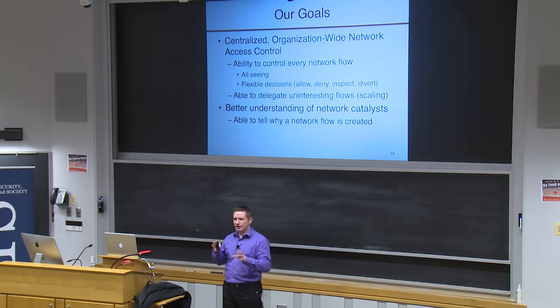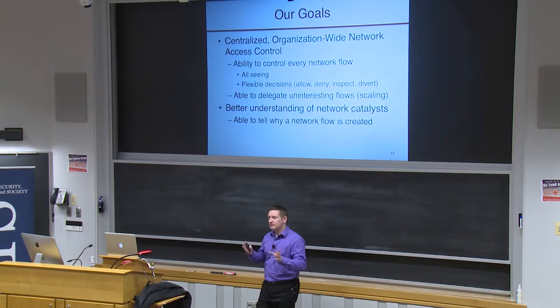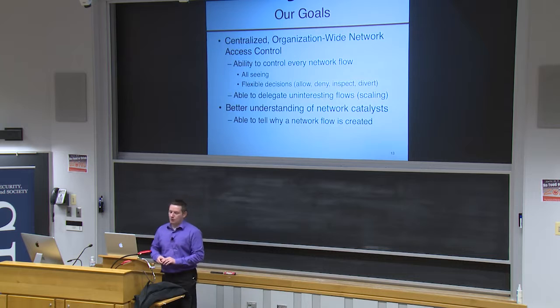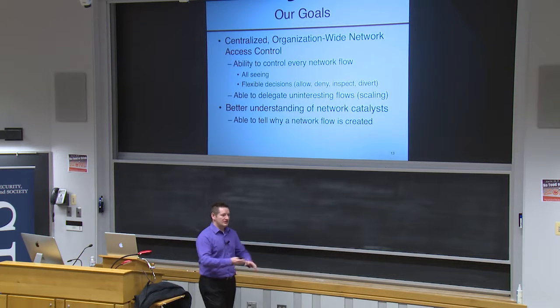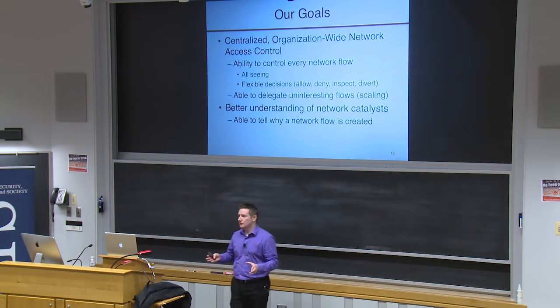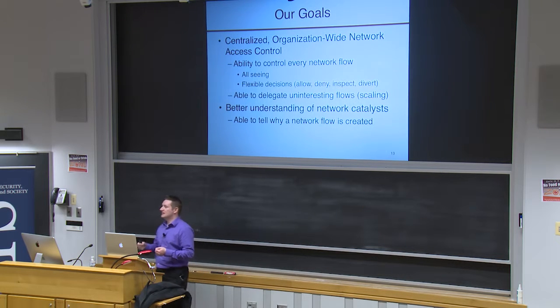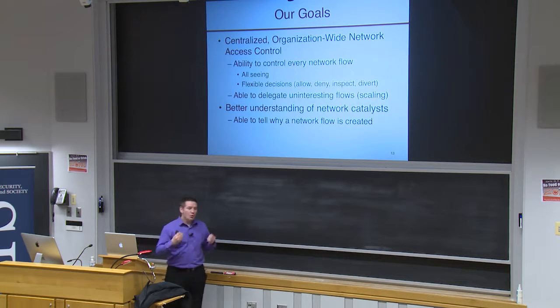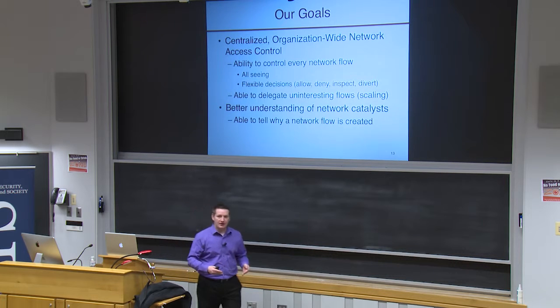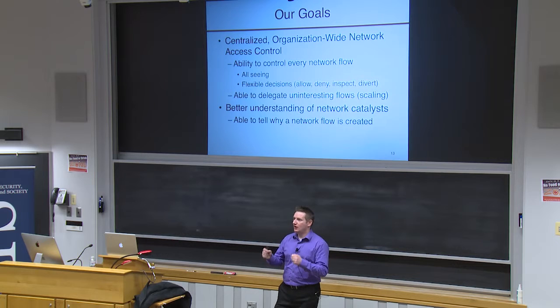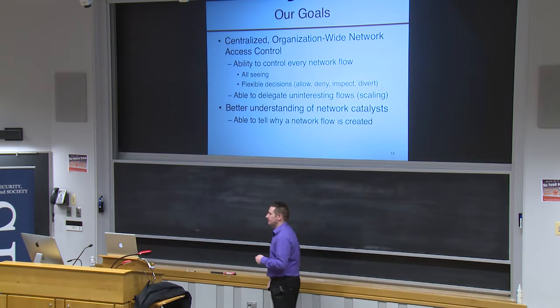But logically, from an administrator standpoint, it seems centralized. So that's great. We want to be able to see everything. We essentially want network omniscience. We want to be able to control everything, being able to say this is allowed or this is denied. And we also want to know why this is happening. So that's the network catalysts component. What happened on that host to cause this traffic to be sent?